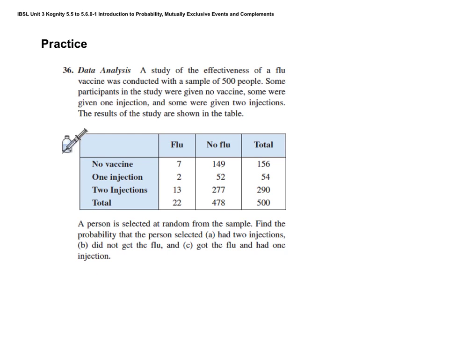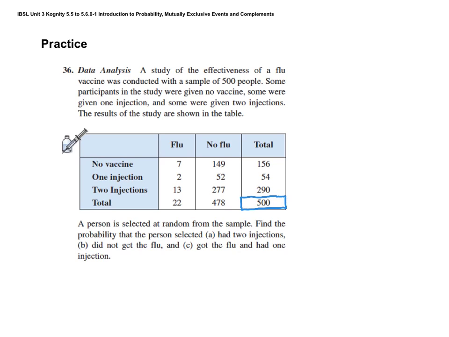So let's practice with one of these real quick. I want to just work through doing these. It says a study of the effectiveness of a flu vaccine was conducted with a sample of 500 people. So here's our 500 people.